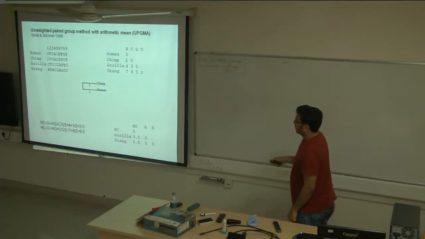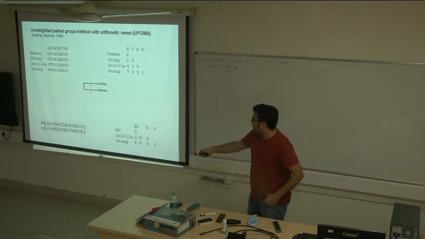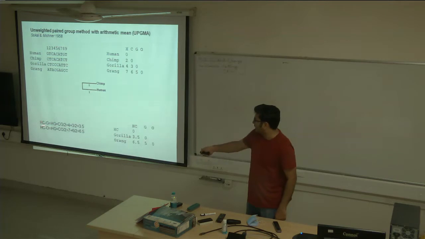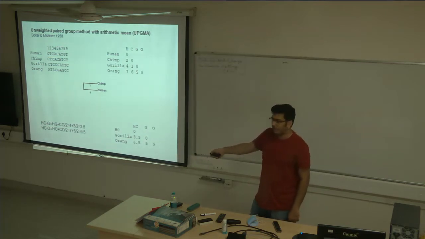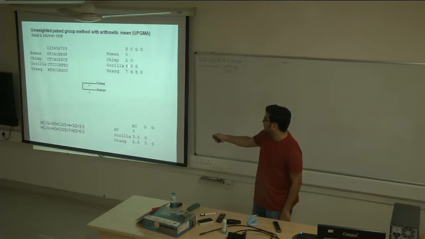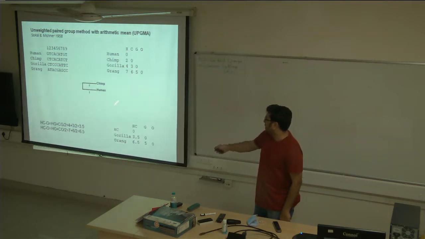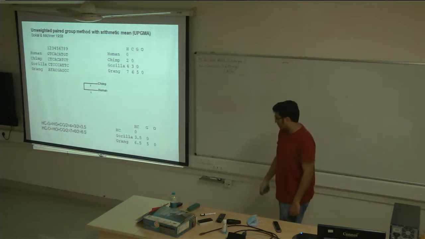Okay. So how do you do that? This is the formula here. The distance between this taxa HC and gorilla will be the observed distance between human and gorilla plus the observed distance between chimp and gorilla. So here, 4 plus 3 divided by 2, you'll get 3.5.